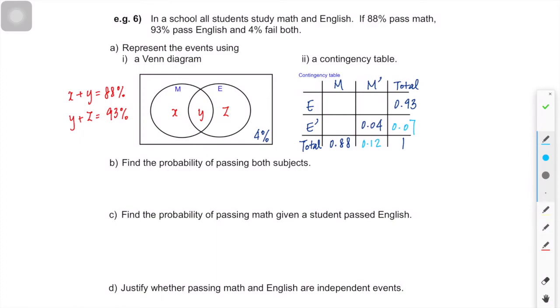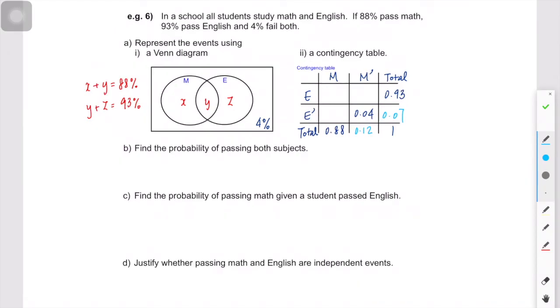Because in the M prime column, we have 0.12 minus 0.04, which is 0.08. And then in the English passing column, I have 0.93 take away 0.08 to give me the E and M section, which is 0.85. And then the last entry must be 0.03.